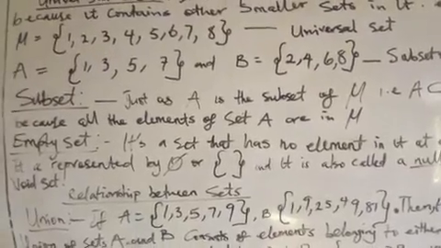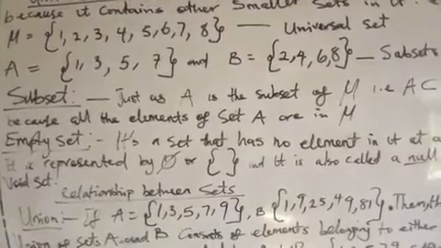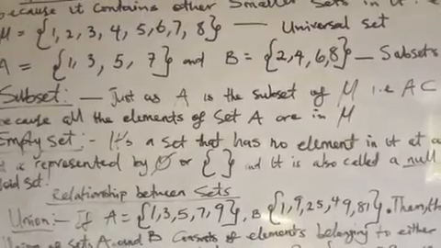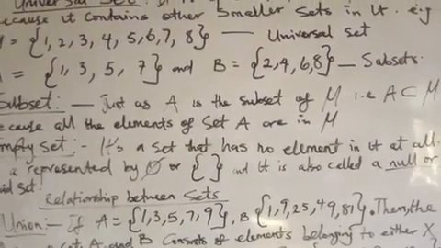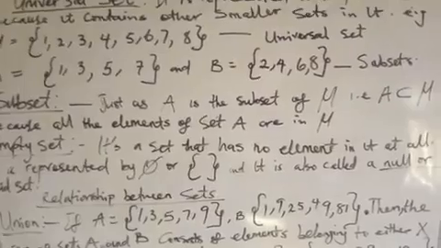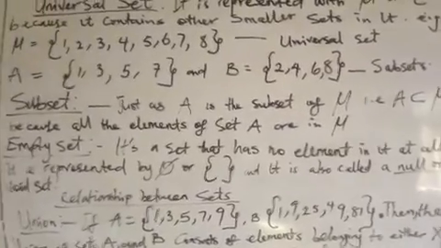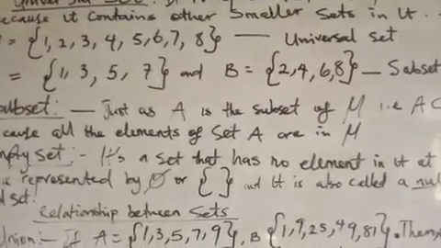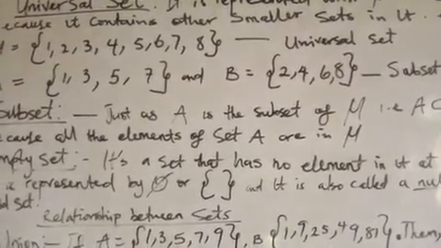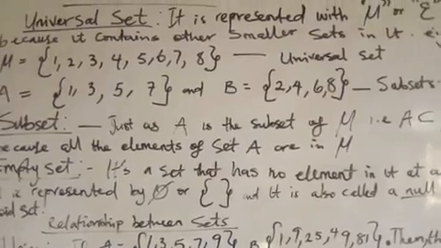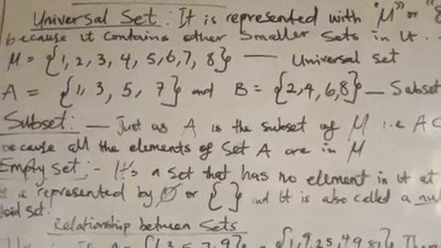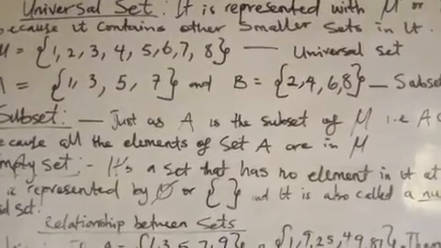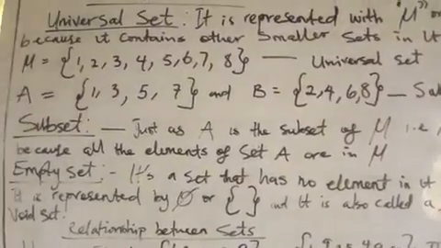So we have other set A in curly bracket, which is 1, 3, 5, 7, and also B, whose elements are 2, 4, 6, 8. Those are the subsets. And you will see that all elements present in the subsets are all in the universal set.